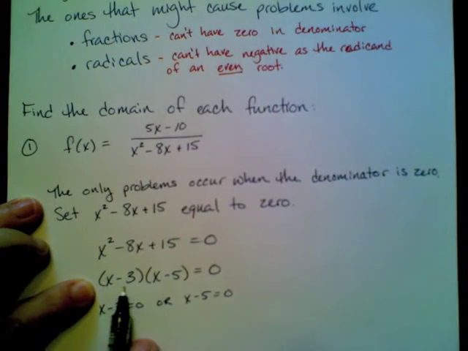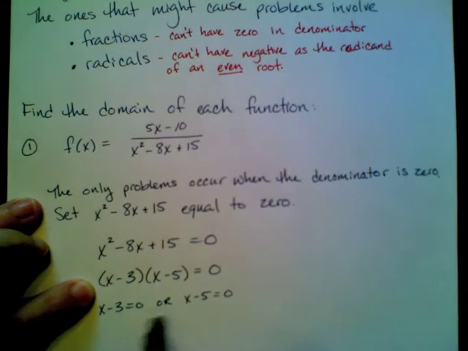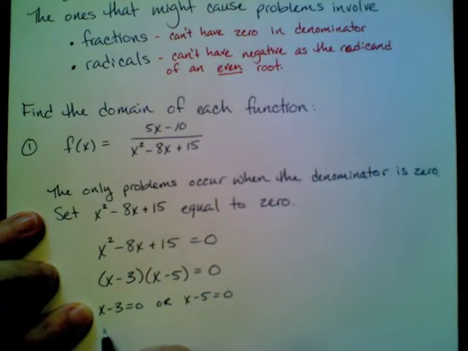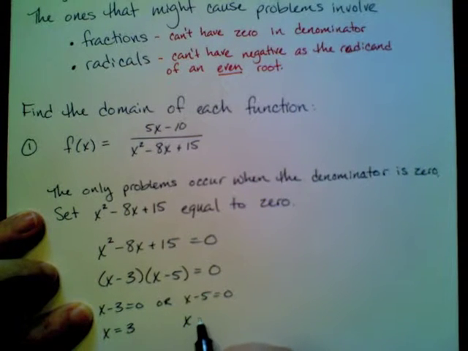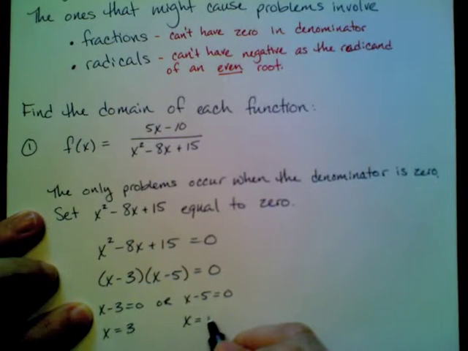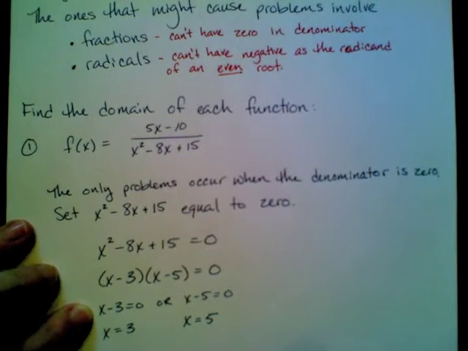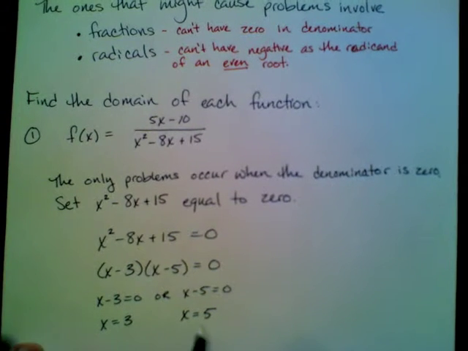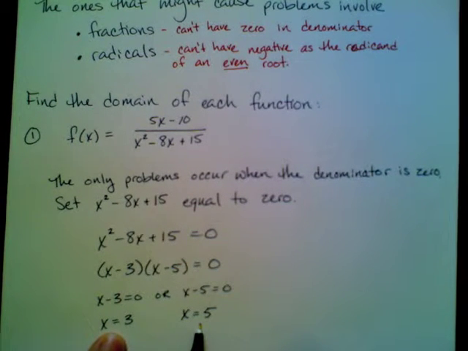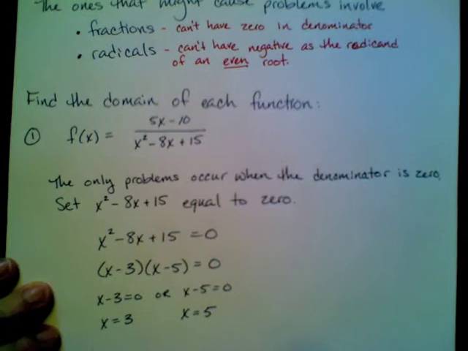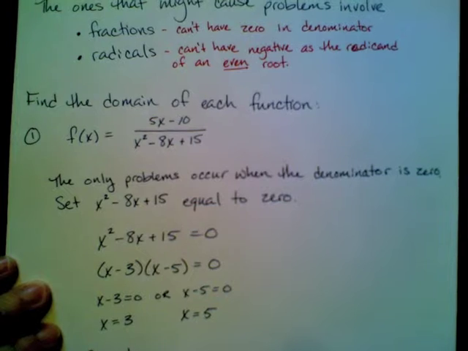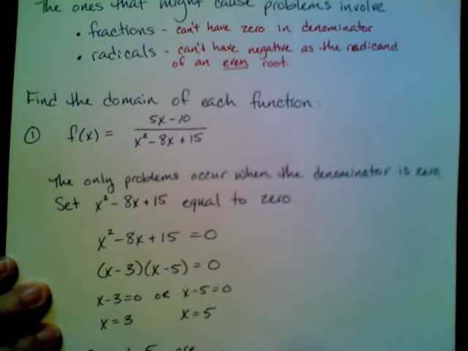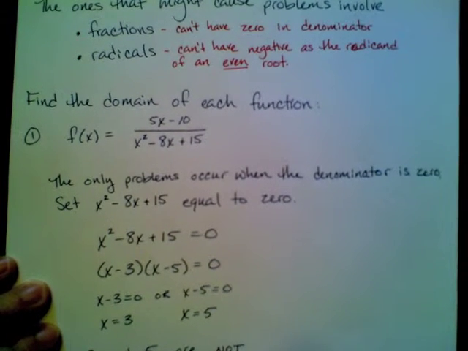If you have two things that multiply together to give you 0, one or the other has to be 0. That is a special property of 0, and does not work for other numbers. So the two problem spots are 3 and 5. So 3 and 5 are not in the domain.